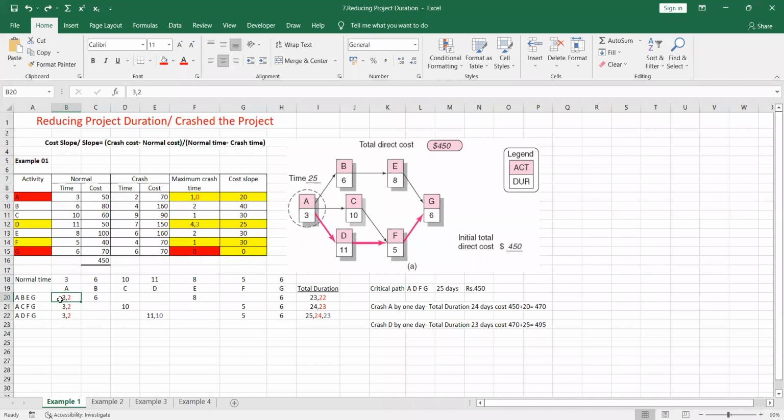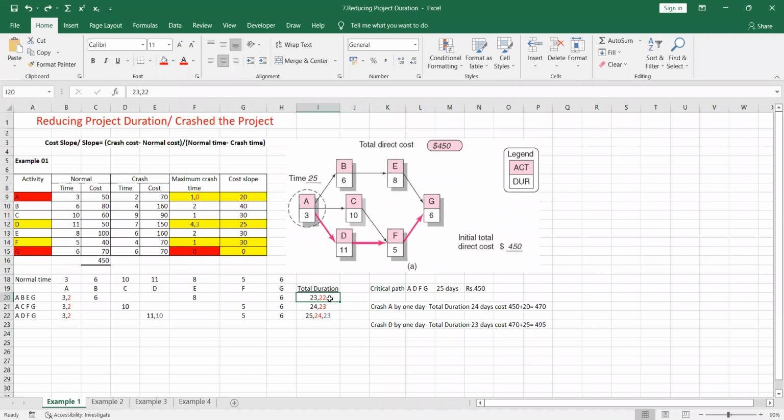So after reducing activity A by 1 day, the total duration for each of these paths also needs to be changed. Therefore, the first path's total duration is 23 before. Now by reducing activity A by 1 day, it should be 22. I am doing all this second step using red color, right?